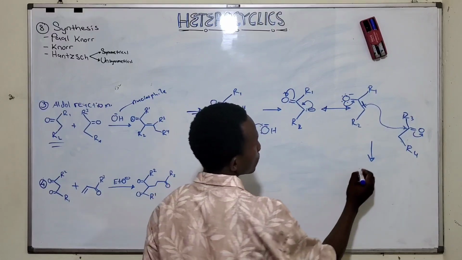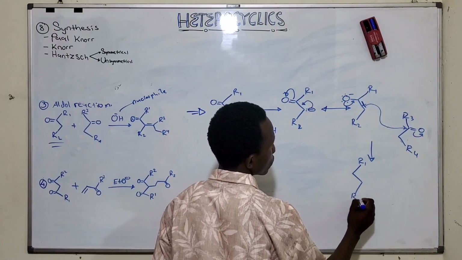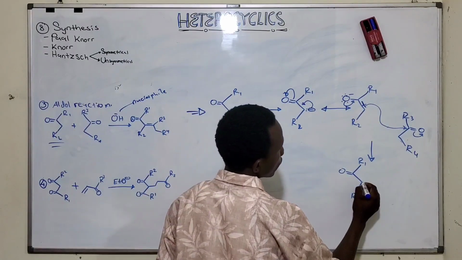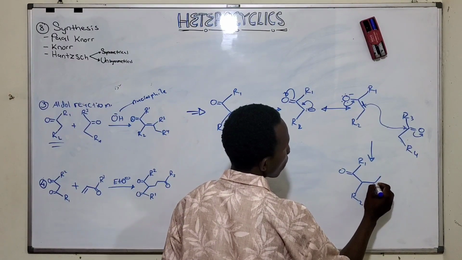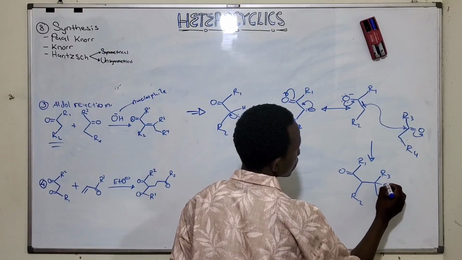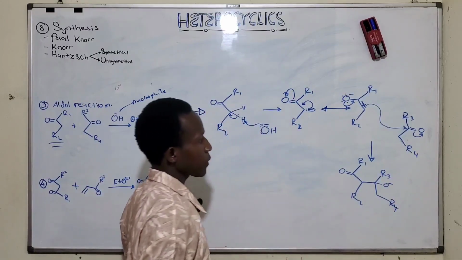So we shall form this: R1, R2, and the oxygen atom. Now here we have formed a bond: R3, oxygen minus, and R4.